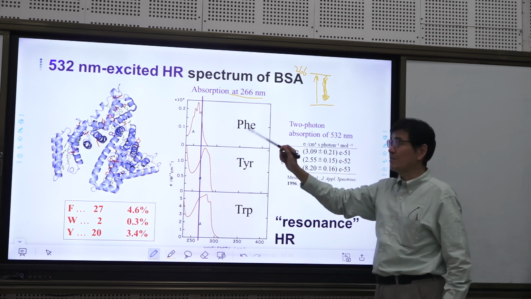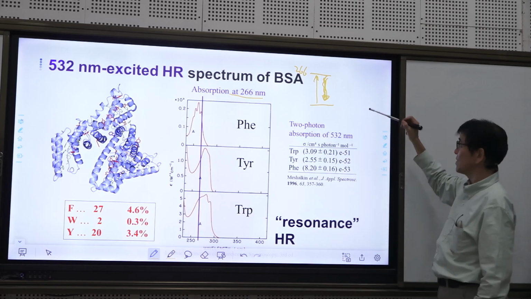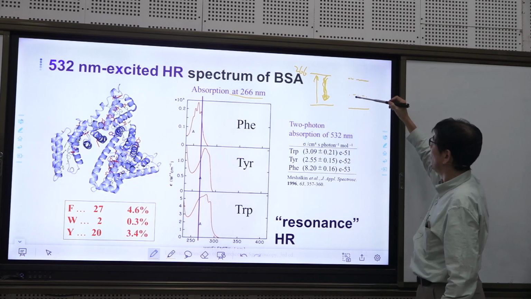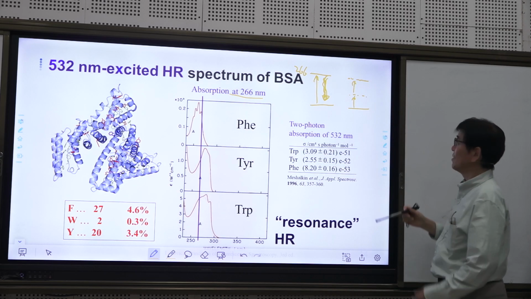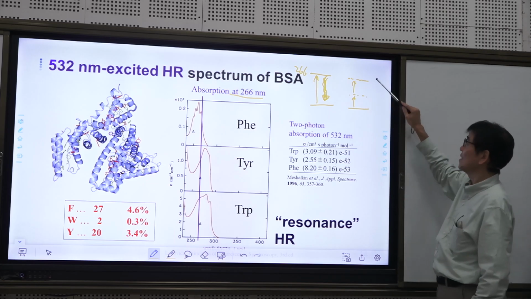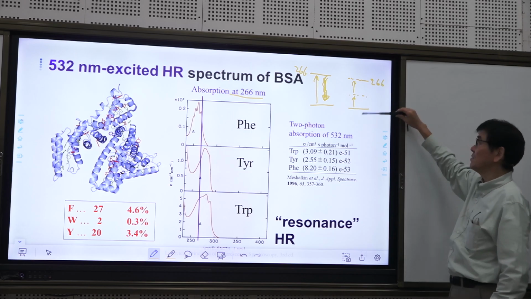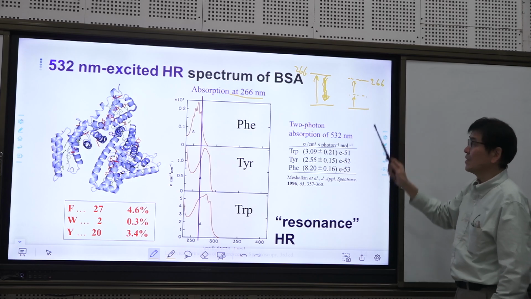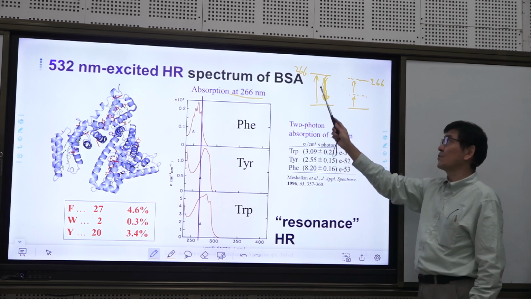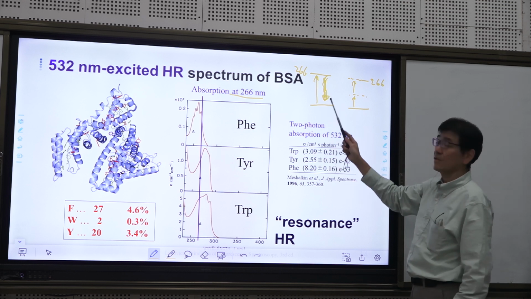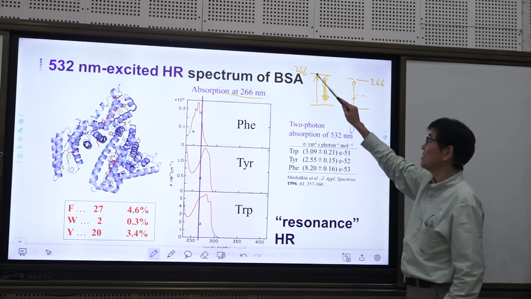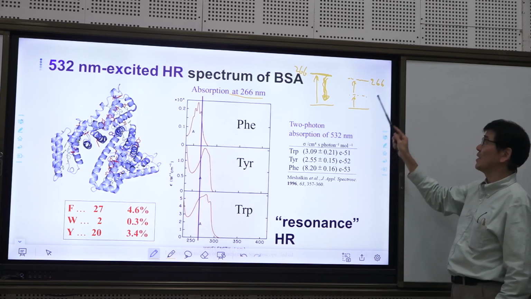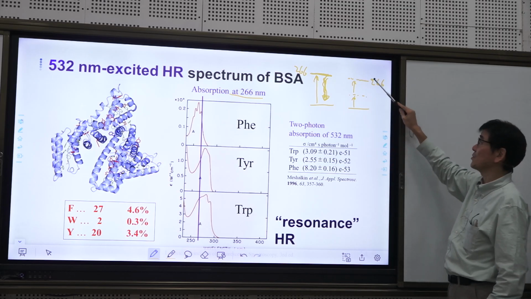What happens when we apply hyper-Raman spectroscopy? In this case, we need to consider if there is a 2-photon allowed transition around 266 nanometers. If we excite the molecule with 1 photon in normal resonance Raman spectroscopy, we should care if there is a 1-photon allowed transition. In the case of hyper-Raman, we should care if there is a 2-photon allowed transition.